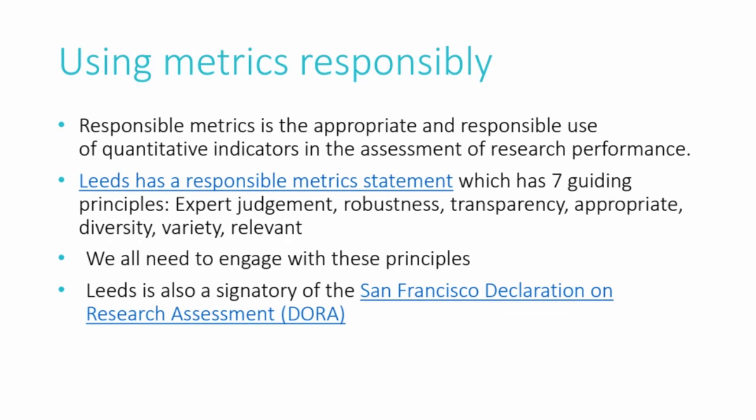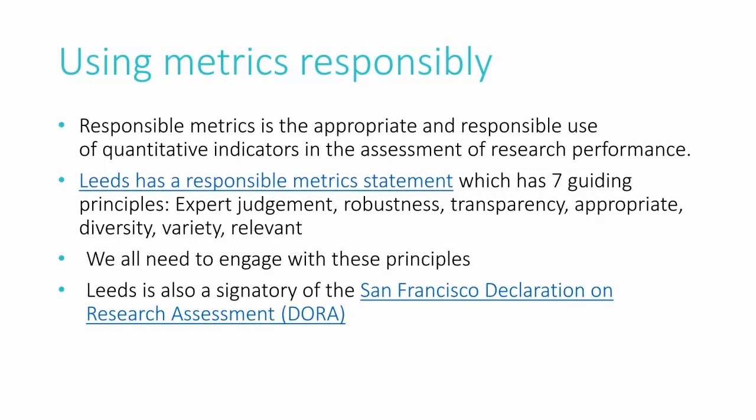Okay, I just want to briefly talk about using metrics responsibly. So we're using bibliometrics today. We're looking at author metrics. So we're looking at how many papers an author has published, how many times they've been cited. And because of this, we need to make sure that we're using metrics responsibly and we're aware of how we can use those metrics responsibly. So basically, using metrics responsibly means that we're using them appropriately, and we're not misusing them.